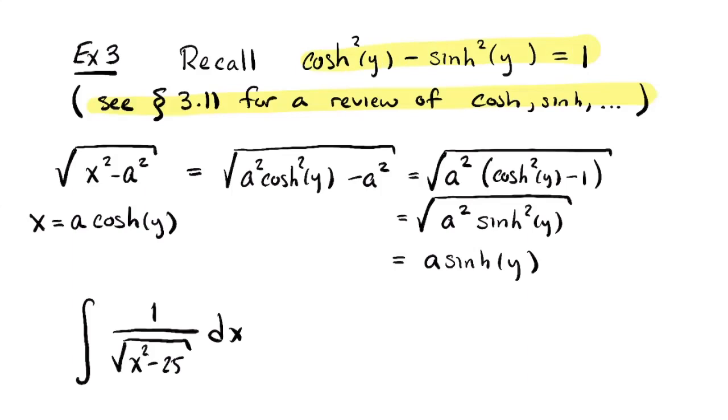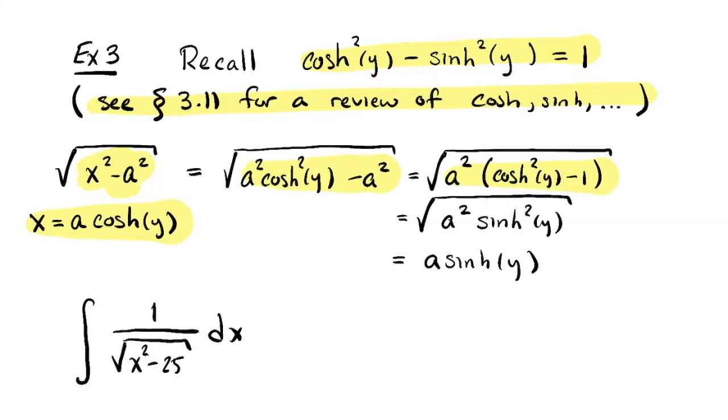So if you gave me an expression like x squared minus a squared, we know we could let x equal a secant theta and proceed. But instead, if I let x equal a times the hyperbolic cosine of y, then I would have a squared cosh squared minus a squared. Factor out the a squared and use the identity: cosh squared minus 1 is equal to sinh squared.